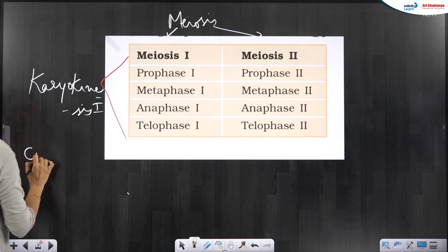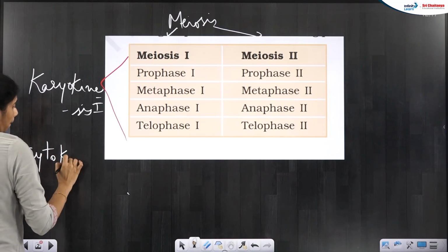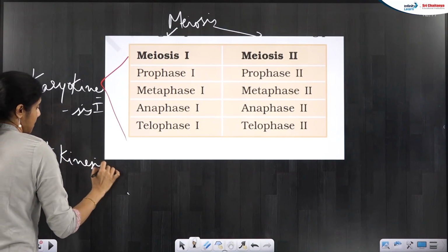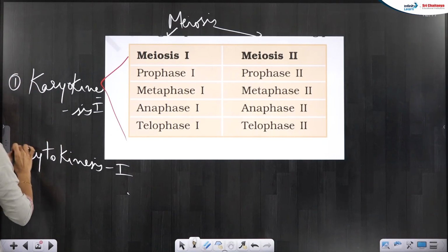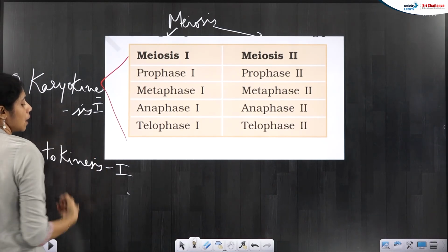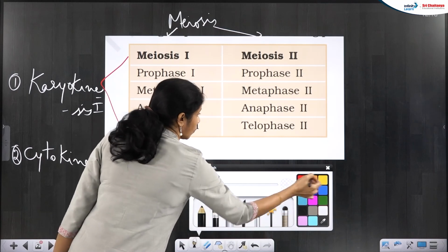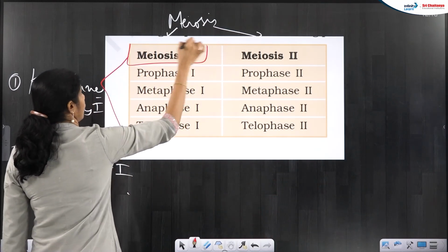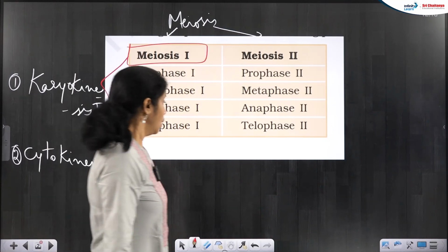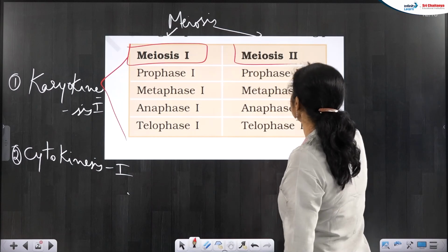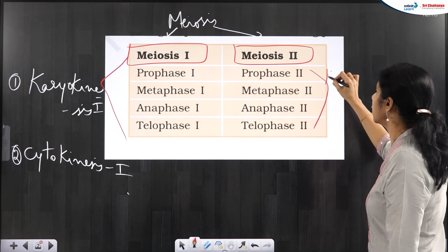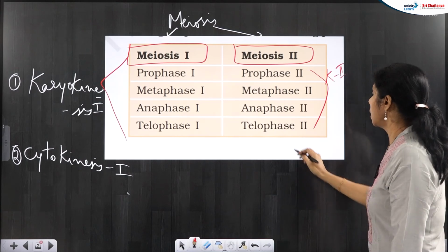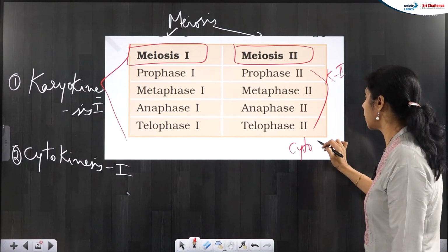Then in meiosis 2, we have karyokinesis 2 and after this cytokinesis 2.